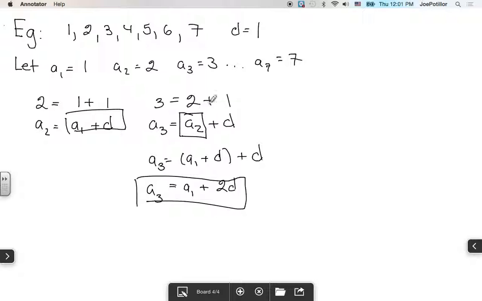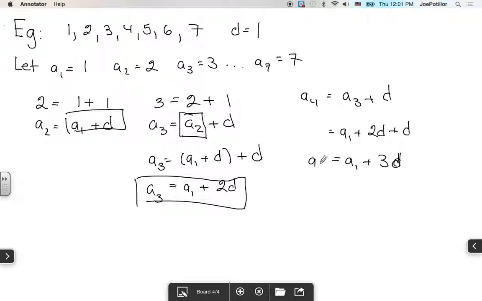Let's say I did this for A4. It is of course A3 plus our D. A3 is A1 plus twice D, which gives A1 plus 3D.